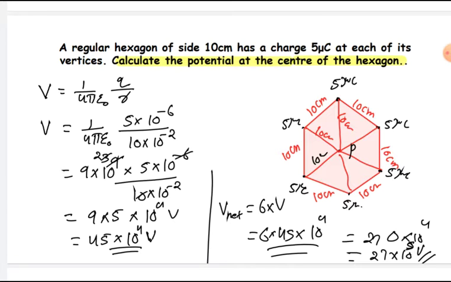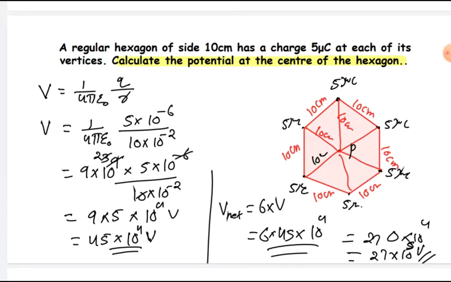On substituting the value, and also we have to substitute 1 by 4 pi epsilon 0 is equal to k. The value of k is 9 into 10 raised to 9. When we substitute the value, we get 45 into 10 raised to 4 or 4.5 into 10 raised to 5.